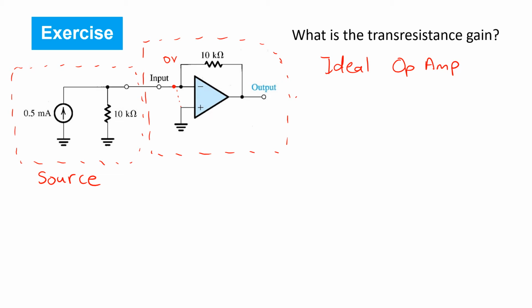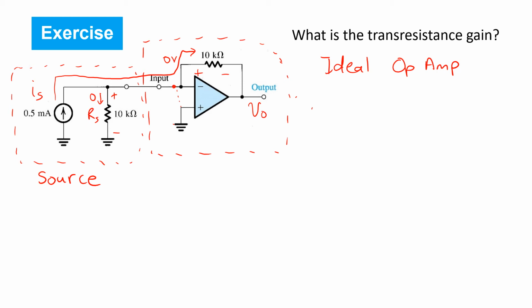So if there's 0 volts at that point, and this is the source current IS, then we know that there's 0 volts across the source resistance RS, and therefore 0 current flowing in it. So all of the source current IS must be flowing through the 10 kilo ohm resistor. That creates a voltage drop across that resistor, which is exactly equal to negative VO.